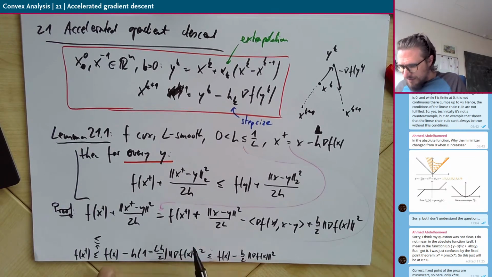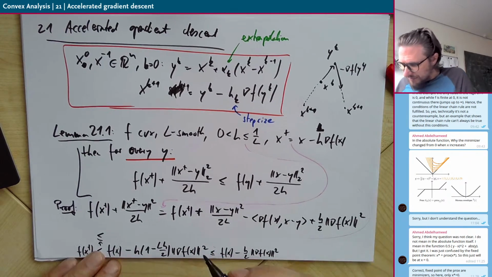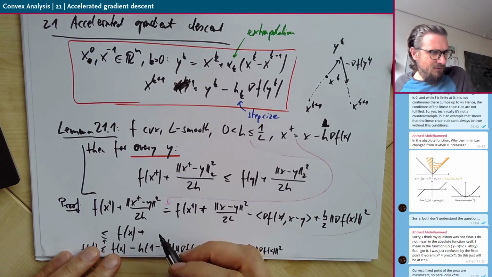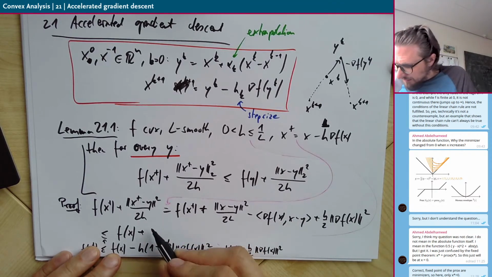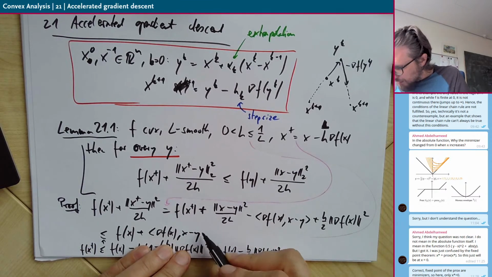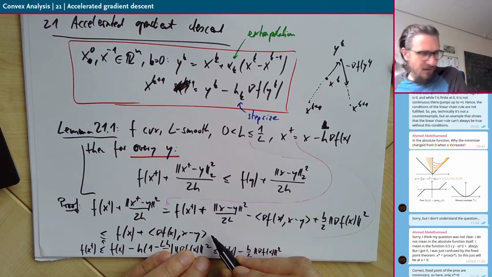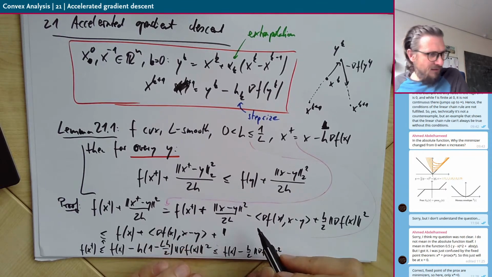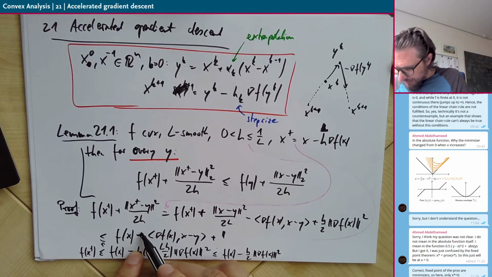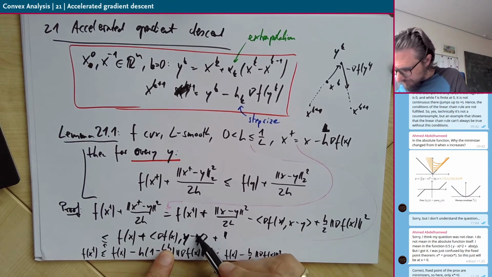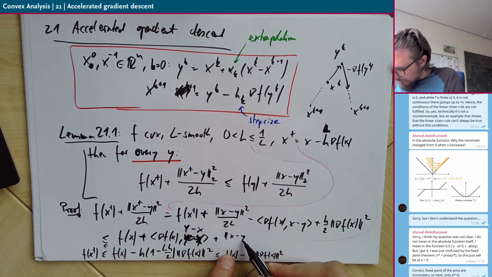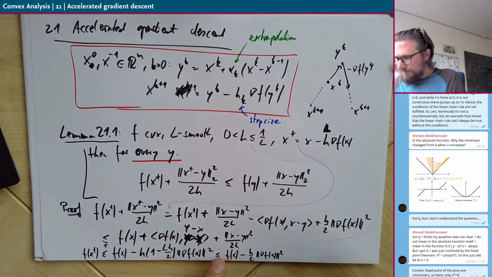So we make this larger by putting in this, then the gradient term cancels, and we are left with f of x plus this gradient of f of x times x minus y, probably plus, oh, sorry. If I put a plus here, I have to swap the order here. So this is y minus x in there, and we still have this norm of x minus y squared over 2h.